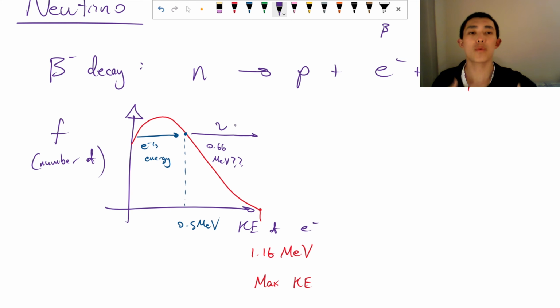The neutrino will take it away as well, and that solves all the problems that we see here. This character that I've drawn here is the Greek letter nu. It looks like a V, but it's not quite a V. And that is our neutrino. In the particular case of beta decay, it's actually an anti-neutrino. If you had beta plus decay, it's a neutrino.